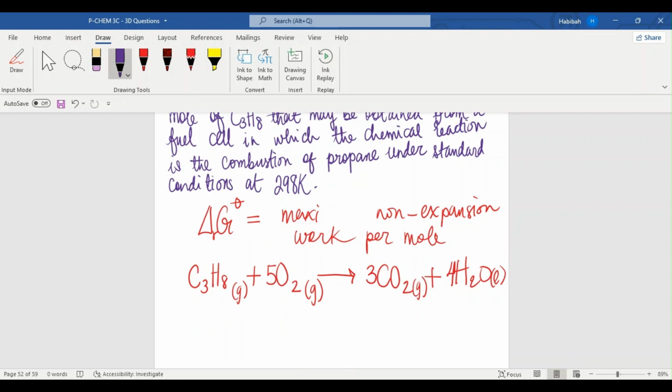So now we've written this down. The next thing we have to do is find the standard Gibbs energy of reaction for the reaction we just wrote.